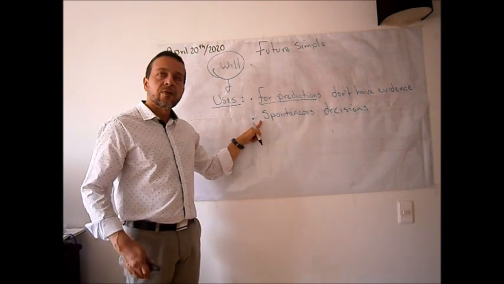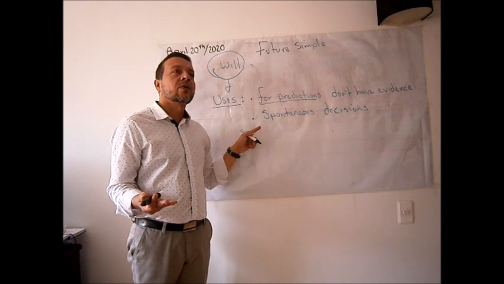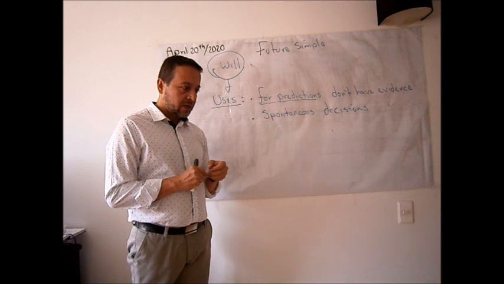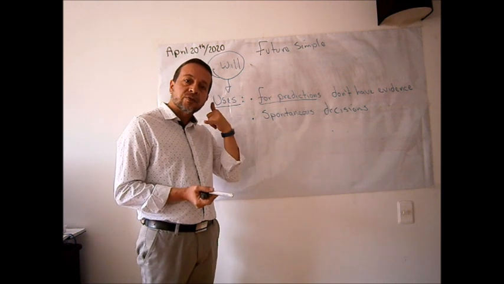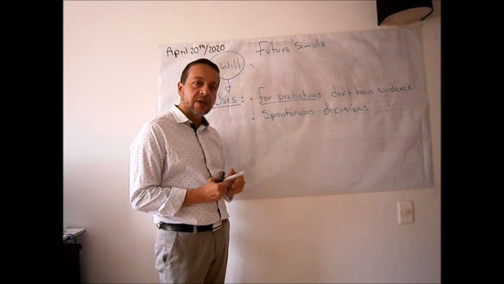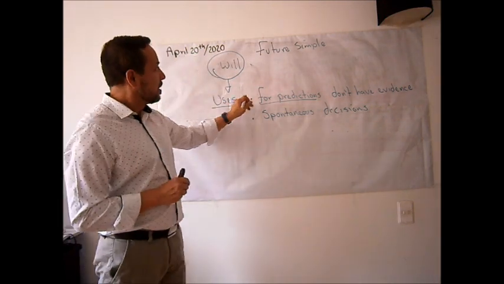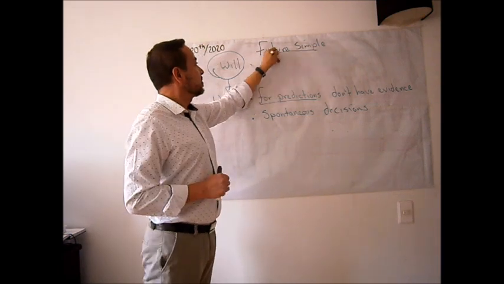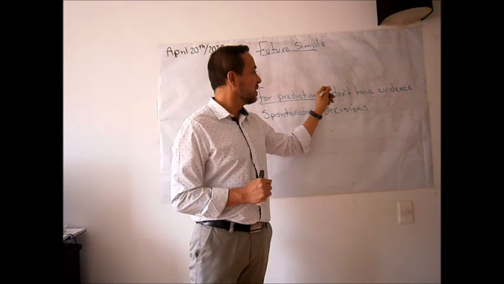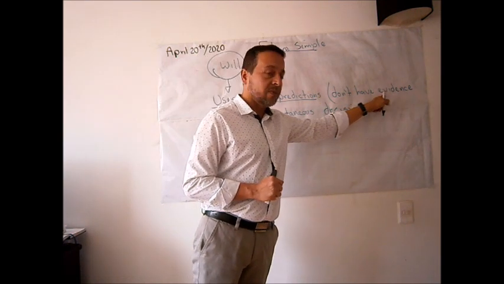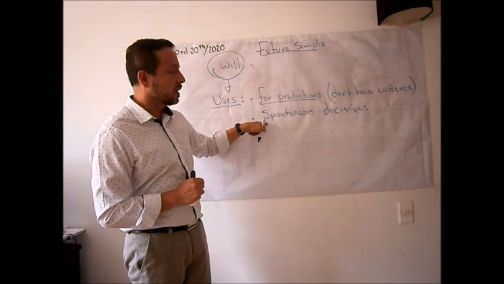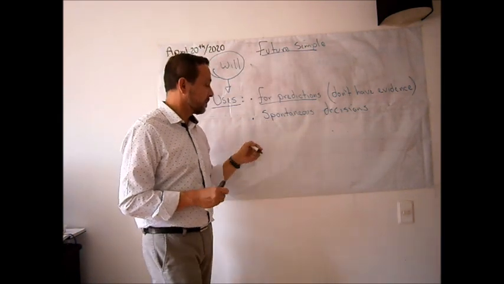That is when you, for example, say, my phone is ringing, I will answer it. Okay? So, remember, future simple with will is used for predictions that don't have real evidence, and for spontaneous decisions, okay?